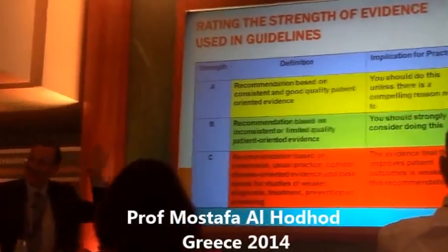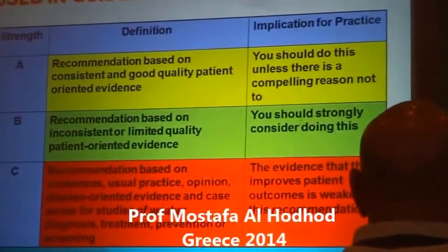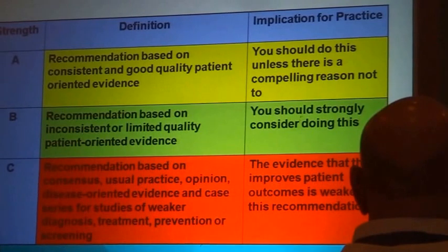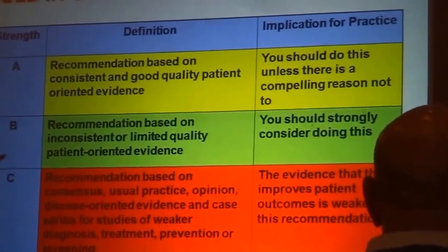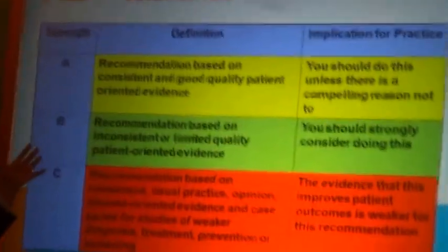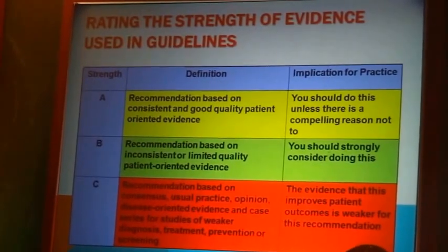And these are the levels, you know, of the evidence level of the different scientific literature. Actually, if you consider it grade A, this guideline should be followed, and it is wrong not to follow it.